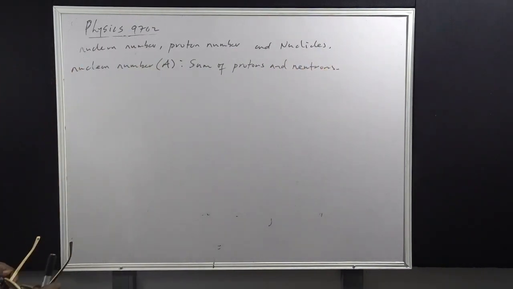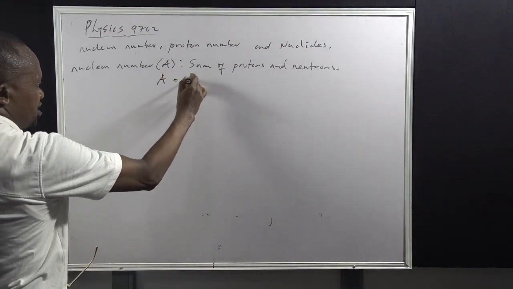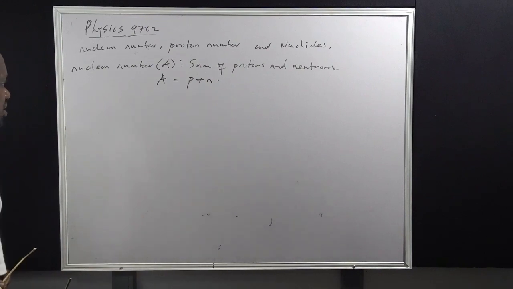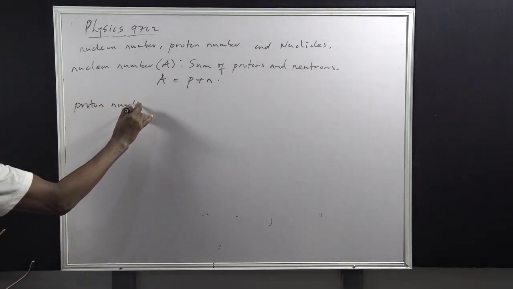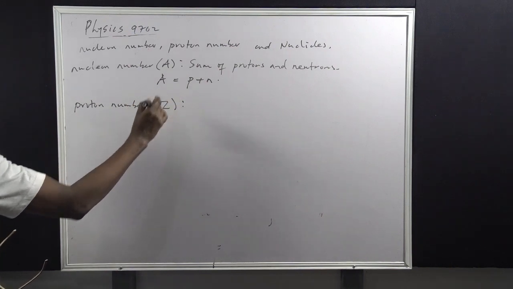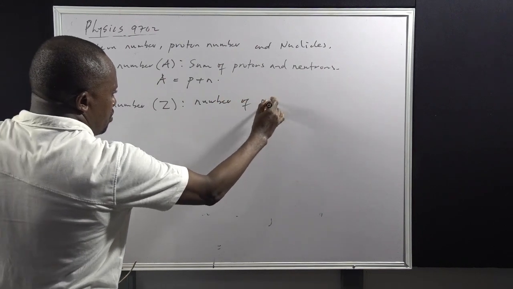So nucleon number, symbol A, is the sum of protons and neutrons, while proton number, denoted with letter Z, is just the number of protons.